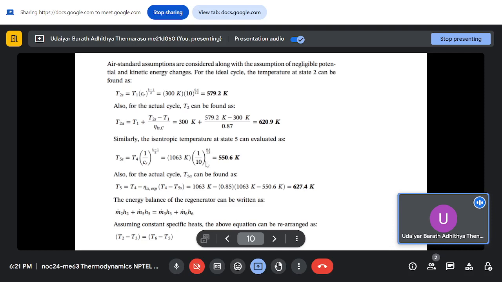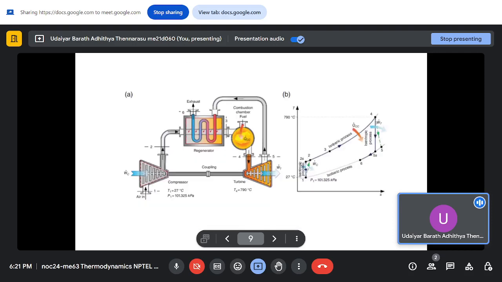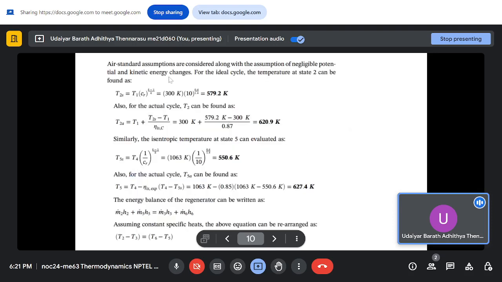We'll first estimate the temperatures at each of the points. So T2s, we know the pressure ratio, which is 10, and we know the inlet temperature is 27 degrees Celsius. So from there we can find out, using an isentropic process, your temperature is 579.2 Kelvin.